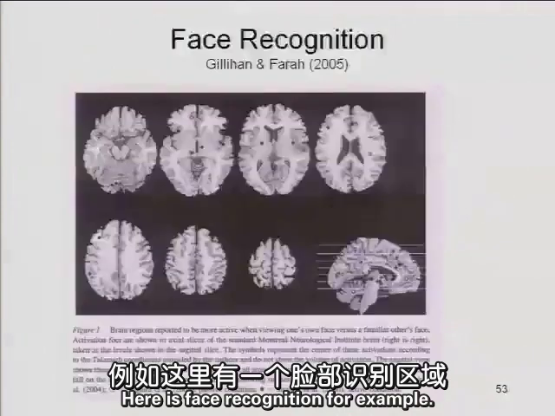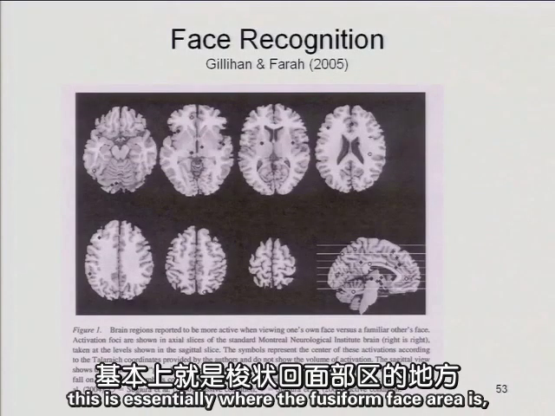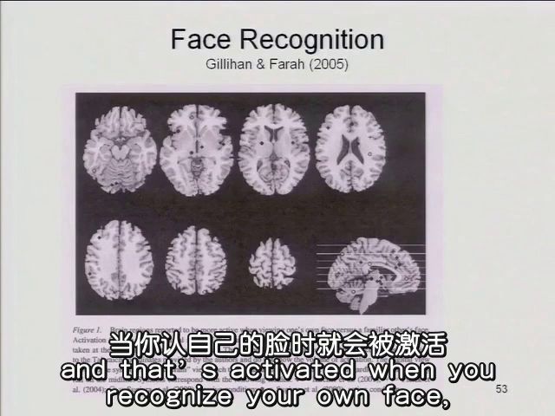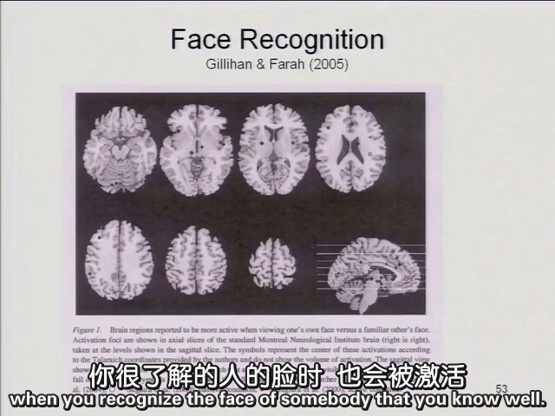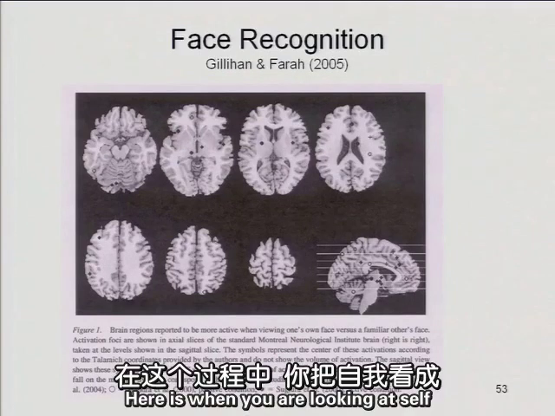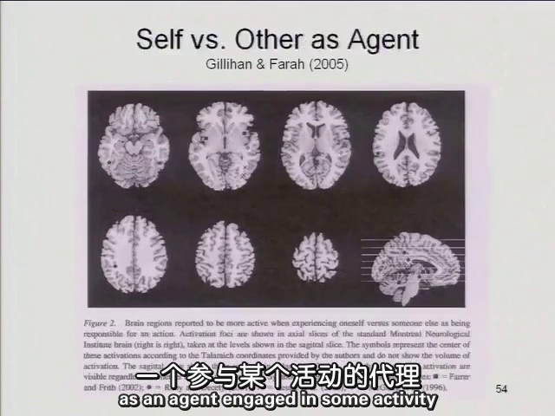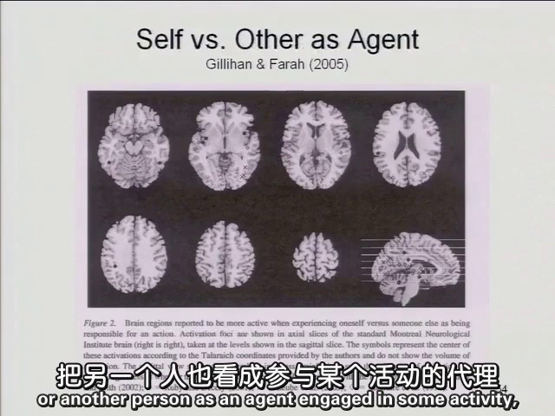Here's face recognition, for example. This is essentially where the fusiform face area is, and that's activated when you recognize your own face, and it's also activated when you recognize the face of somebody that you know well. Here is when you're looking at self as an agent engaging in some activity, or another person as an agent engaging in some activity.